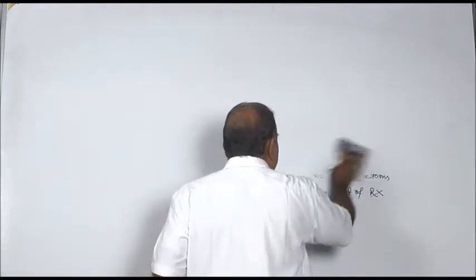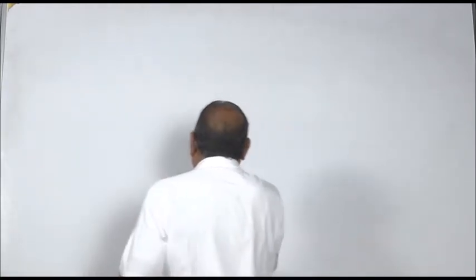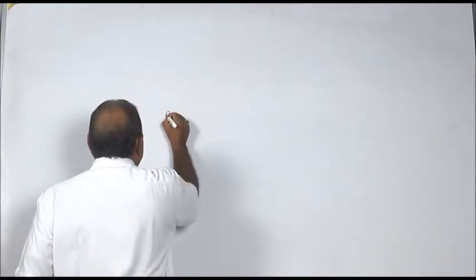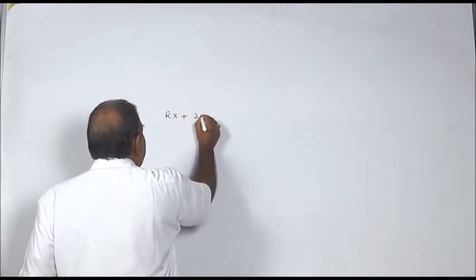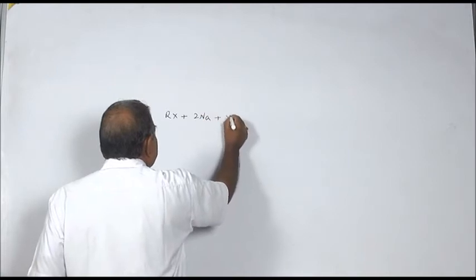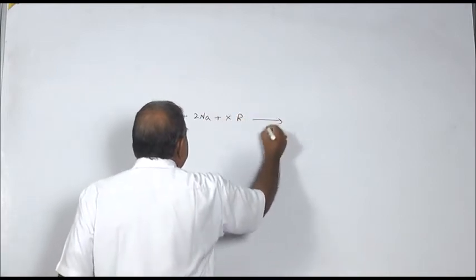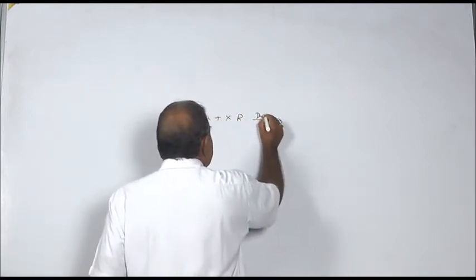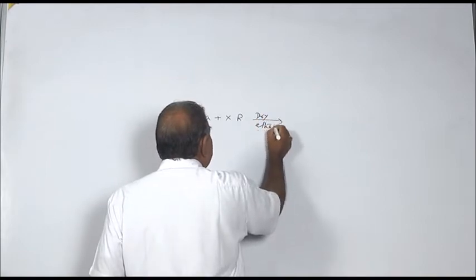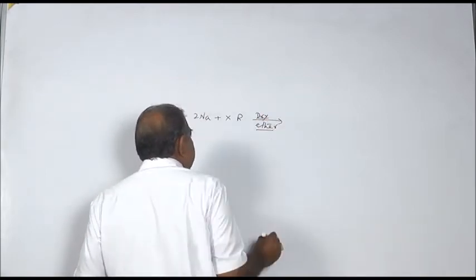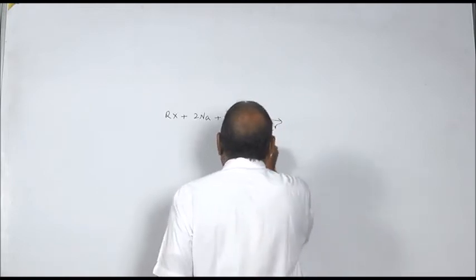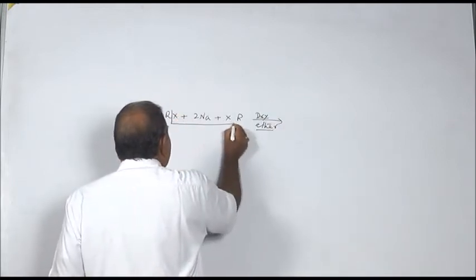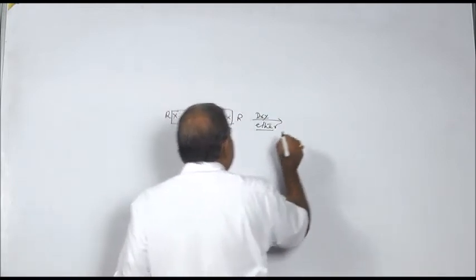Two molecules of alkyl halide, say RX, combine with sodium, two atoms I have written, in presence of dry ether. This is most important, you must mention it, otherwise you will not get the mark. Here 2 molecules of sodium halide are removed.